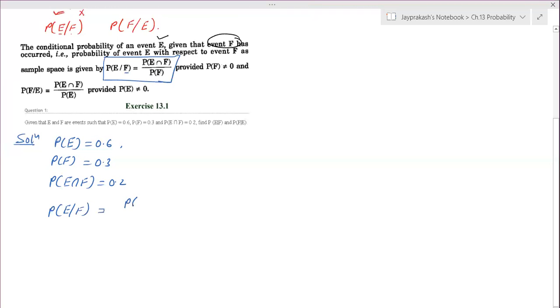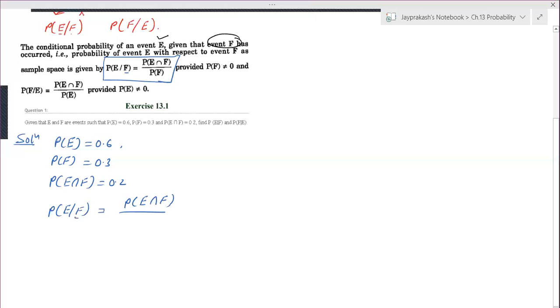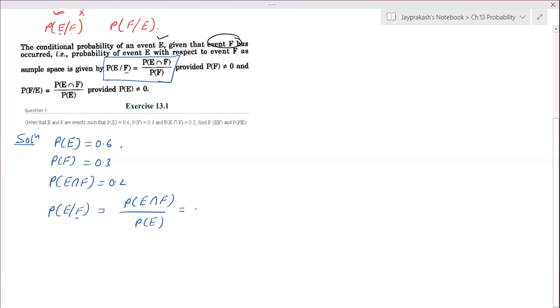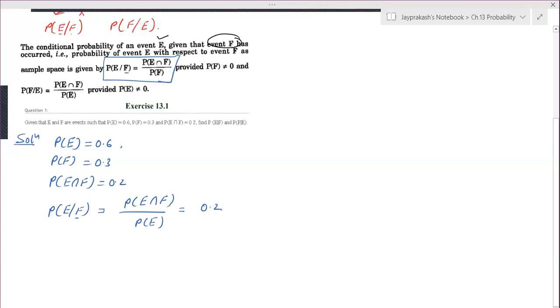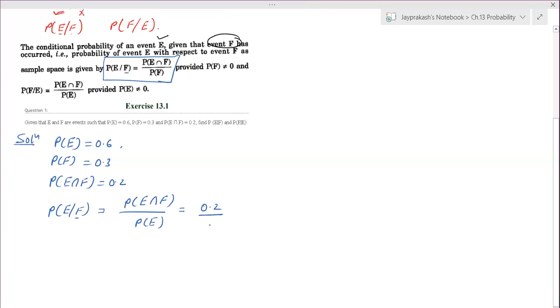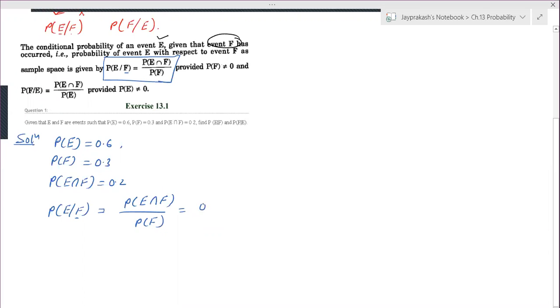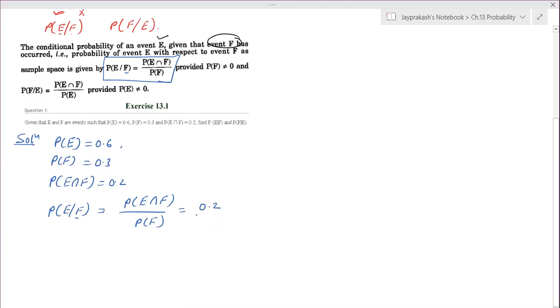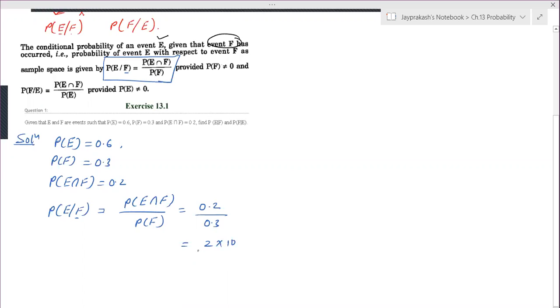So the formula will be P of E intersection F upon P of F. F is given, so the denominator will be P of F. Substituting, 0.2 upon 0.3, so it's 2 by 3.